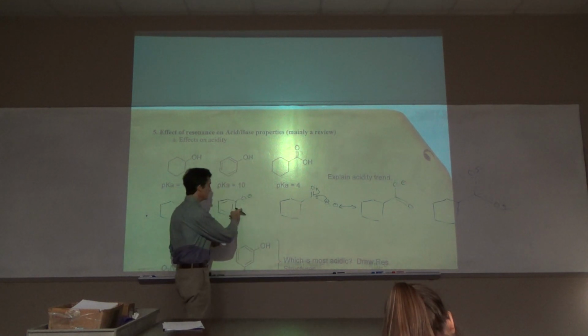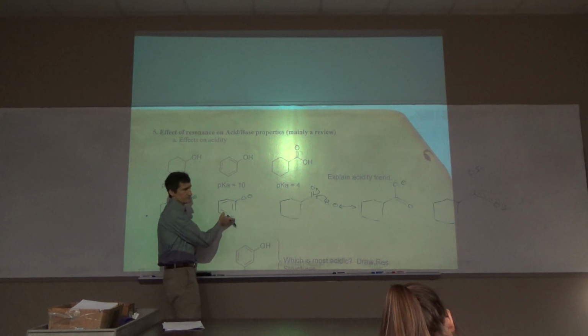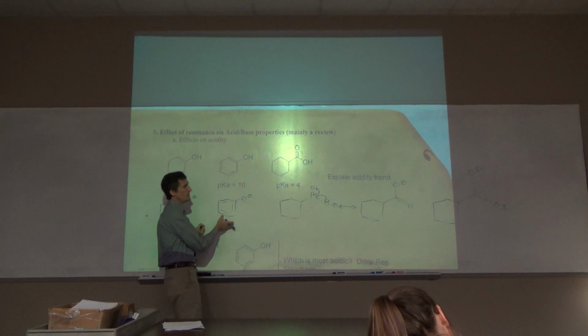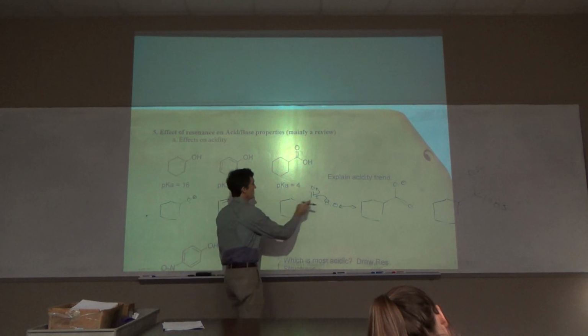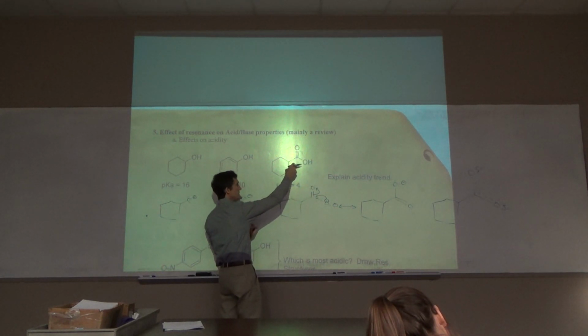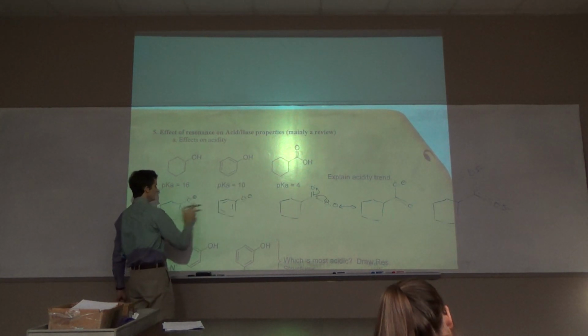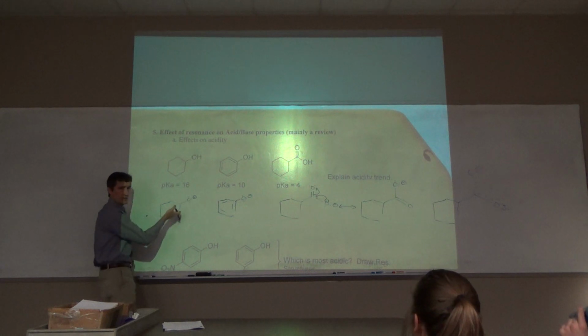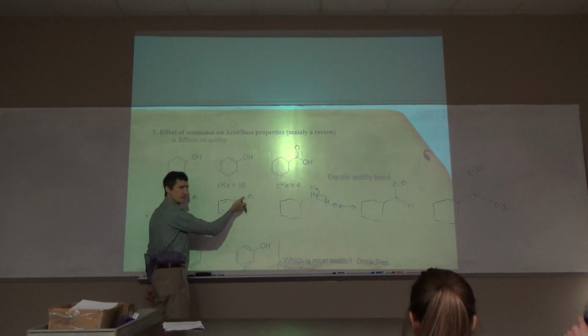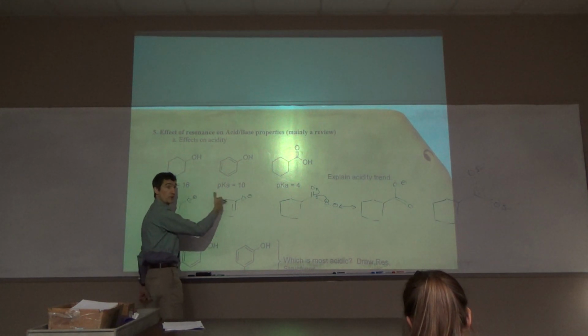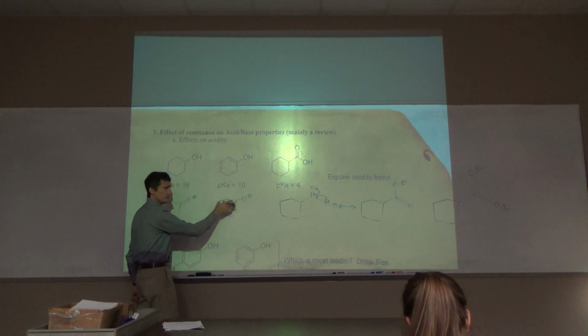You think more resonance structures is more stable. Well, not always. Depends on what type of atoms you're dealing with. This is more stable. The carboxylic acid is more acidic. We know that. It's called an acid. That's a phenol. But it is more acidic than this one because there's no resonance structures here at all. At least here the charge is delocalized onto other atoms, other carbons. The carbon just doesn't like being minus.